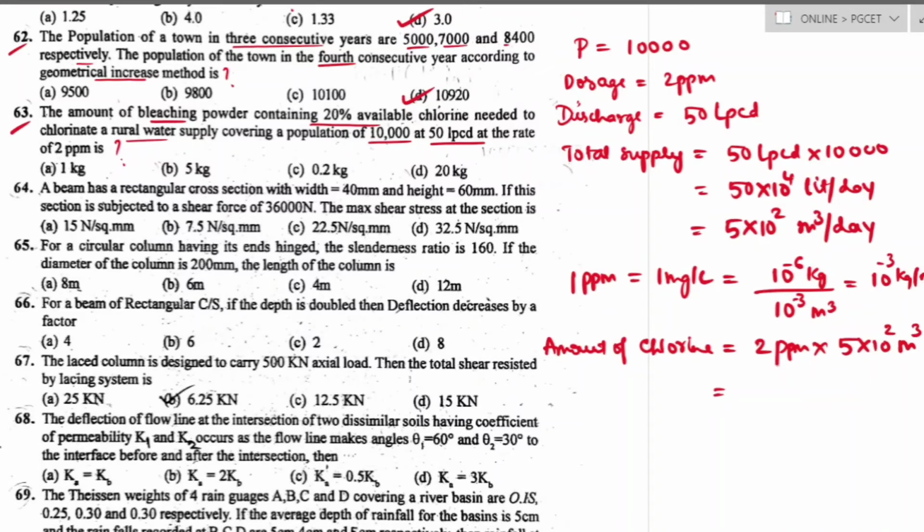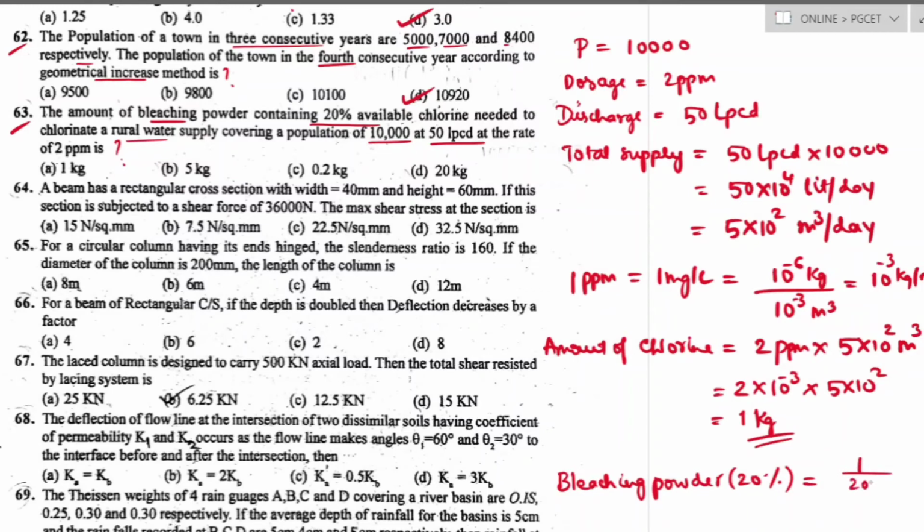To convert parts per million into kg per meter cube, 2 into 10 to the power of minus 3 multiplied by 5 into 10 to the power of 2, we get the amount of chlorine required daily is 1 kg. Now we have to find the amount of bleaching powder for 20% of available chlorine, that is equal to 1 divided by (20 divided by 100), that is equal to 5 kg. So option B is the right answer, that is 5 kg.